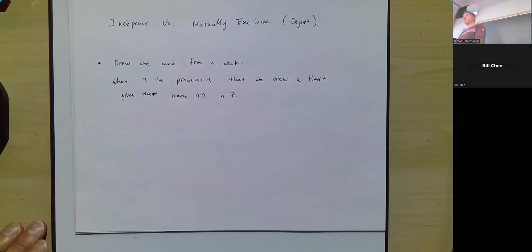And my claim to you all is that these two events are independent. Knowing it's a 7 or not knowing it's a 7 isn't going to change the probability of getting a heart. Let's take a look and see.